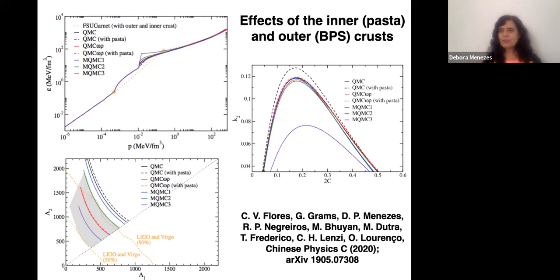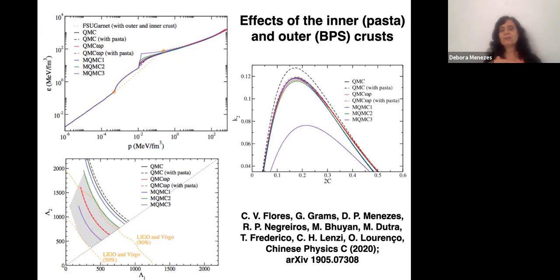So how important is the pasta phase? We have computed the Love number, and we have computed the tidal polarizability, and we have seen that at least for these gravitational wave constraints, the pasta phase is not terribly important.